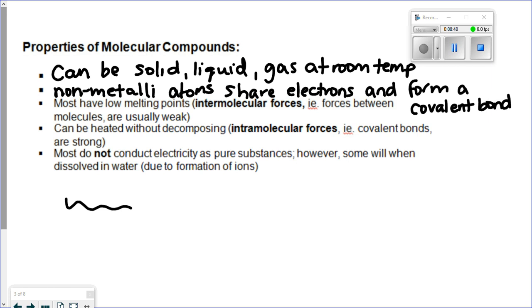A covalent bond is different than an ionic bond because it's not held together by those electrostatic charges of ions. It's just held together by that sharing.